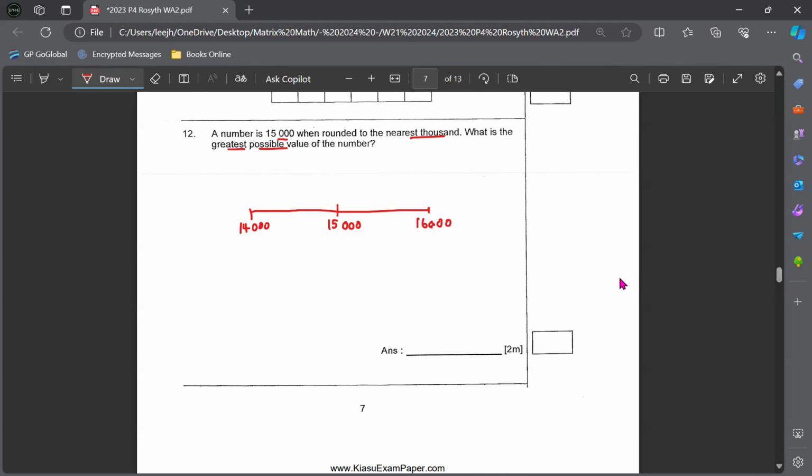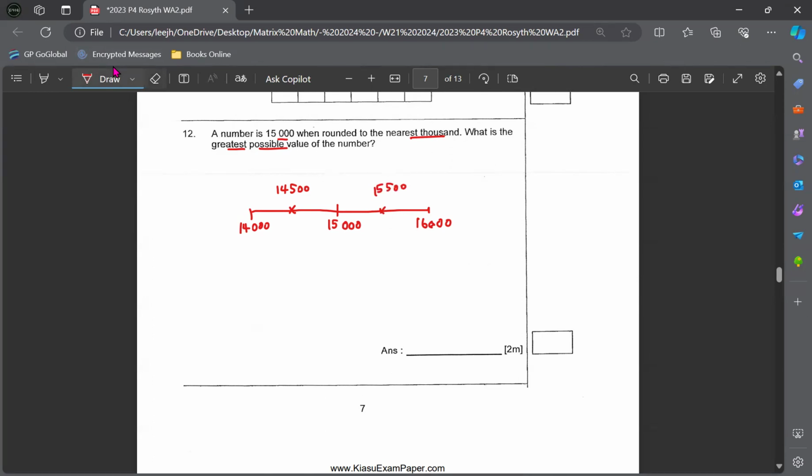Okay, so we need to always find the midpoint of two sides of the number line. So this midpoint will be 14,500. This is 15,500. Oh, sorry. This is the midpoint, 15,500.